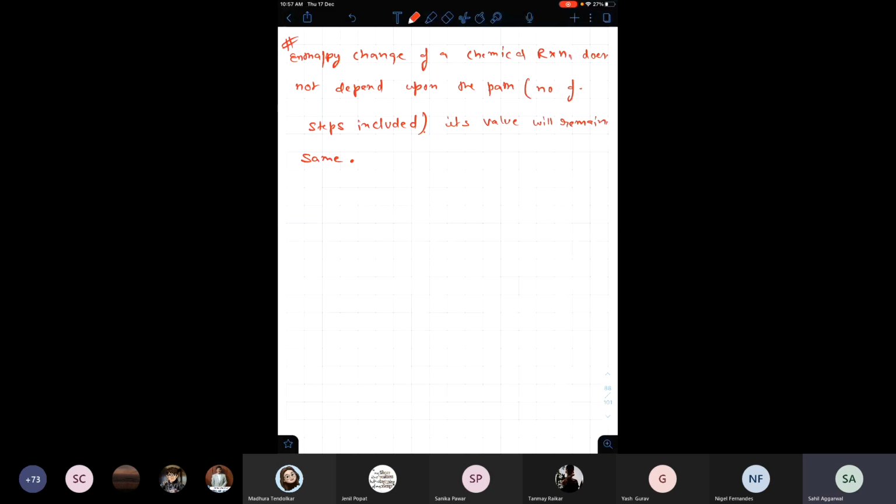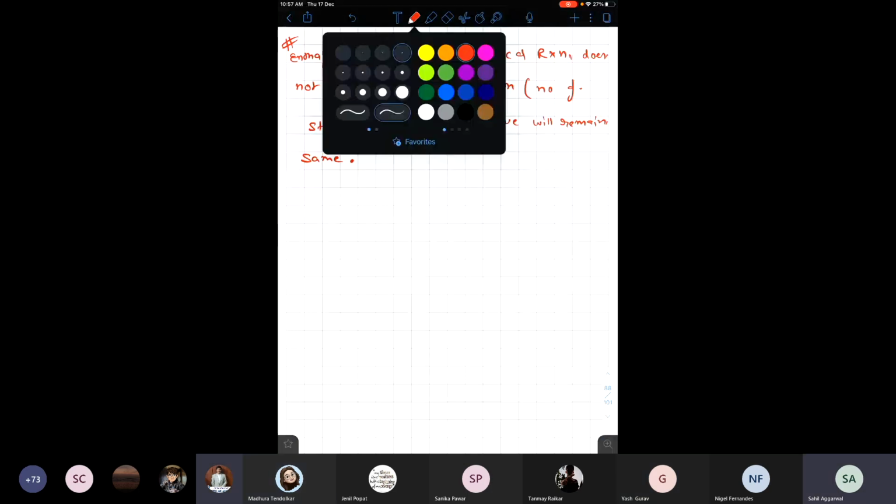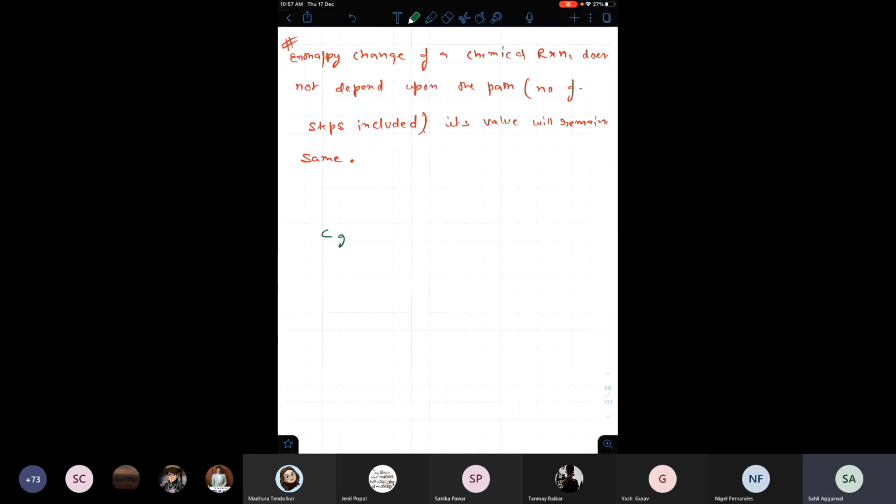All of you have written this. Can I give you an example now? Yes, sir. Understand this very well. So if we have C of graphite plus O2 gives CO2, delta H as minus 393 kilojoule per mole.